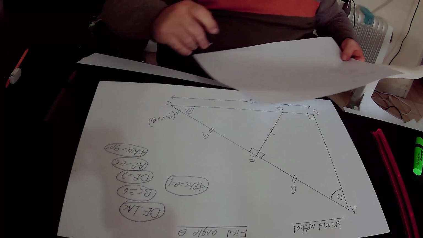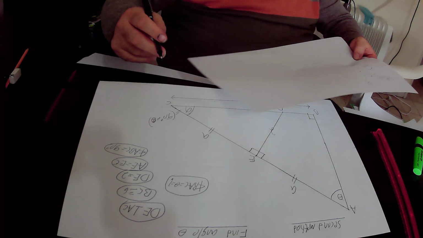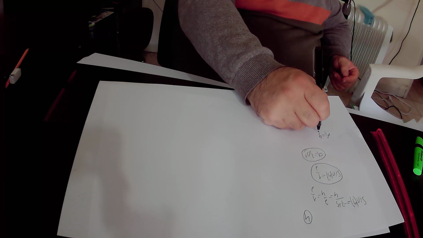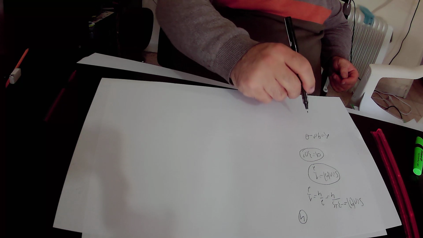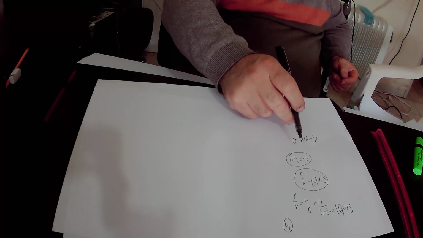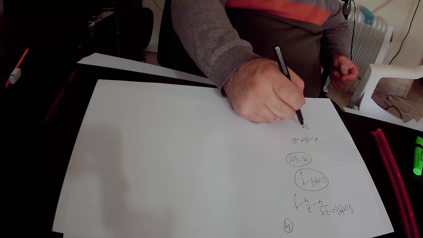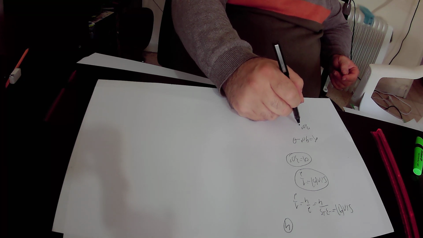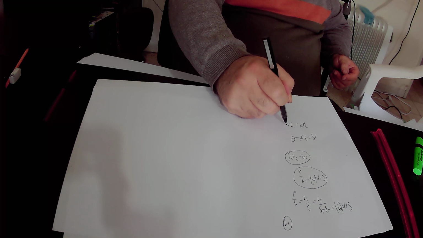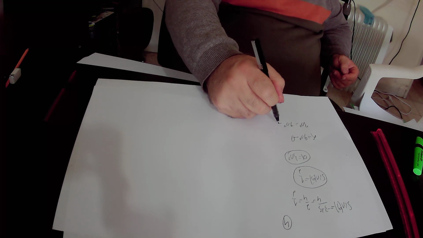And we have this equation that alpha equals 90 degrees minus theta. We just found out that alpha equals 30 degrees, so we substitute alpha by 30 degrees and get that 30 degrees equals 90 degrees minus theta.